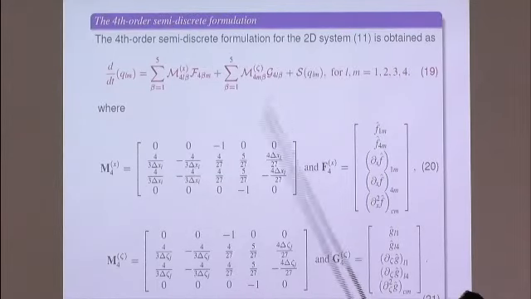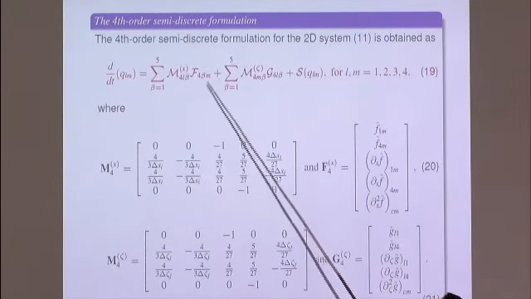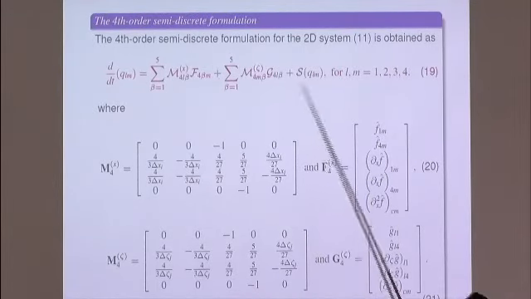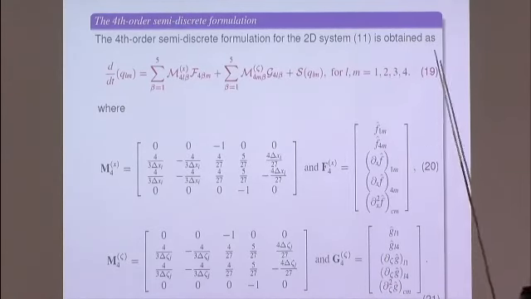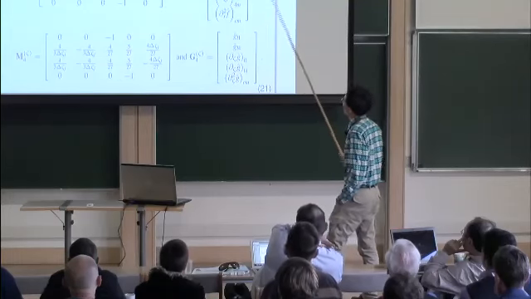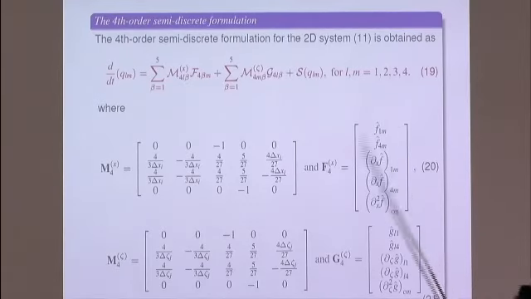This is the full semi-discrete formulation for fourth order. This is the matrix, and this is the flux. By now, we assume the flux and flux derivative are known. Later, I will show how to compute this flux on the boundary.